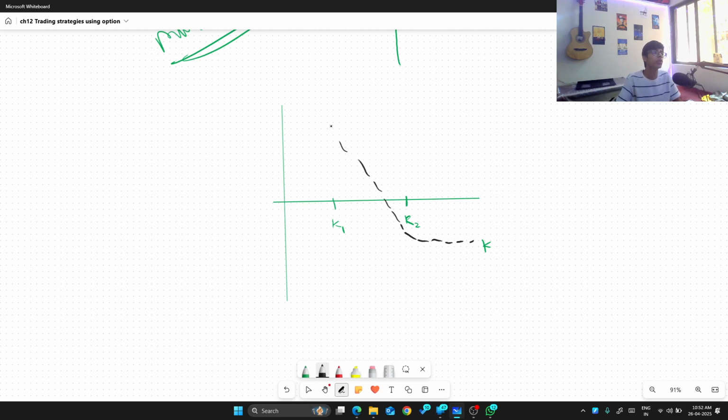The long put would be expensive because k is bigger, and the short put would not be so expensive, it would be cheap. So the total payoff would be like this here and here, right?